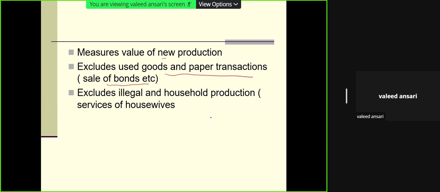Income is either used for consumption or saving, which is used for buying a bond. If you have taken income into account, how it is divided will not matter. So the paper transactions are just use of the income which has been generated in the economy, and they are excluded from national income.